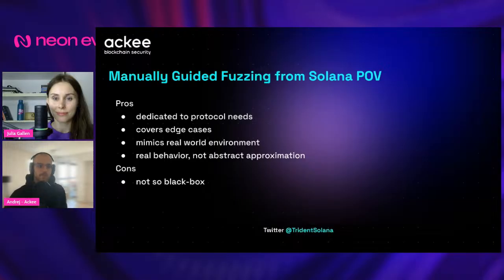So for example, from the perspective of the developer of the smart contract, if he tries to manually guide or fuzz the smart contract, he knows what the dangerous spots in the smart contract are. Of course, there might be some that he is not aware of, but let's say there is some kind of math. He knows that he should focus on this part of the smart contract.